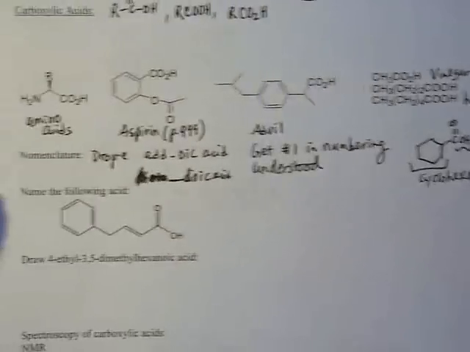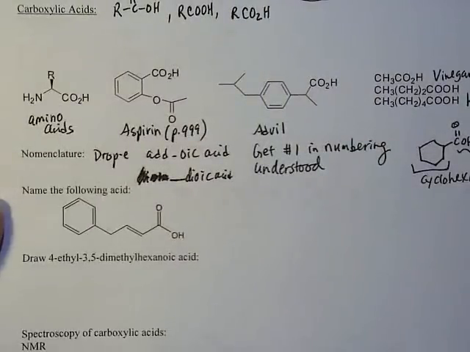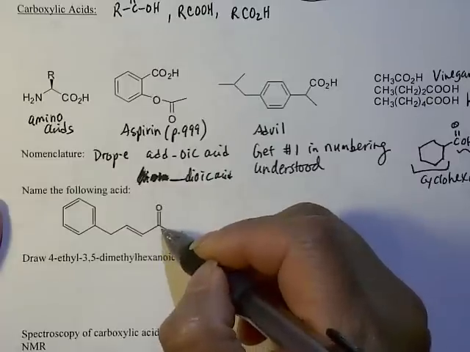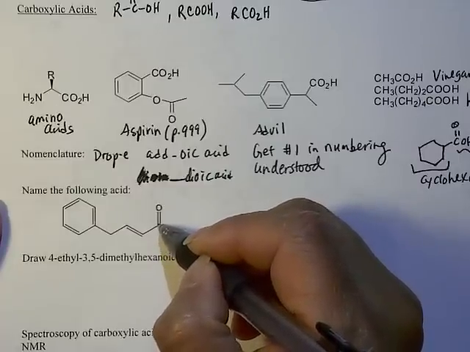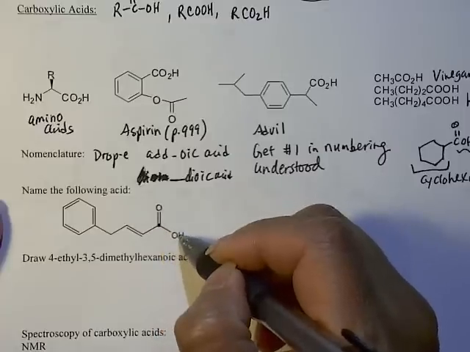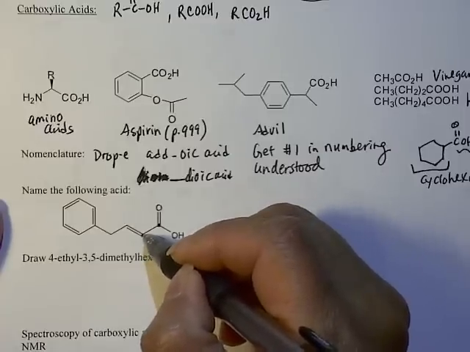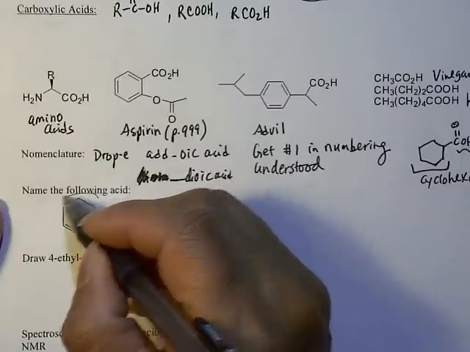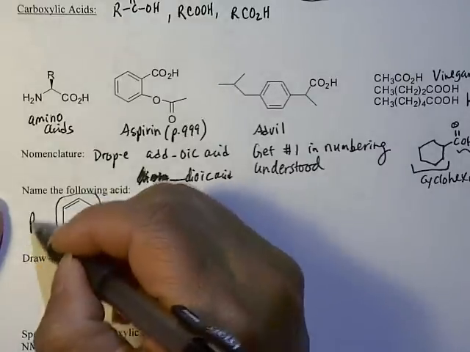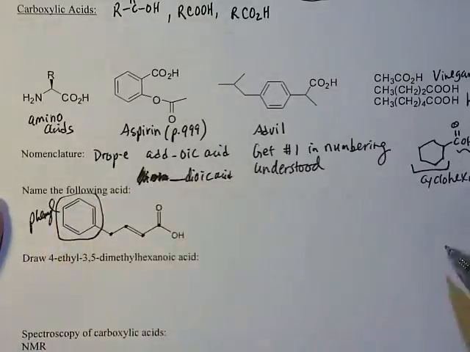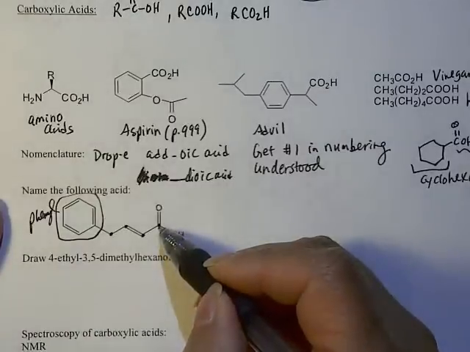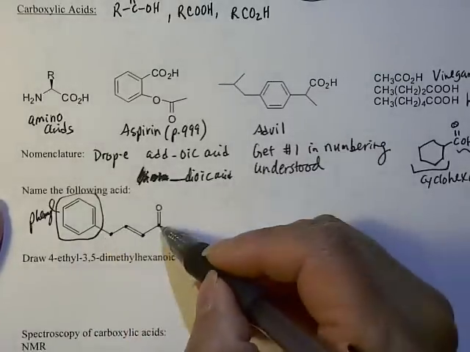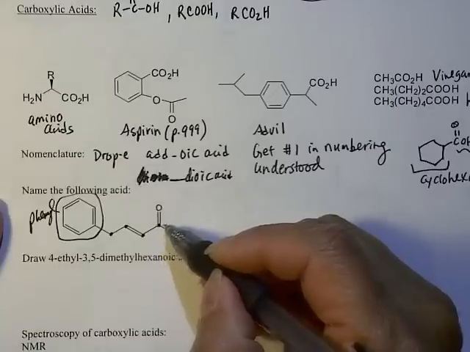All right. So just to do an example, here's a carboxylic acid, and when you count up the carbons, make sure the carbon of the carboxylic acid is part of the number of carbons that you count. The phenyl group is going to be a substituent. So the longest chain is 1, 2, 3, 4. You always include the carboxylic acid carbon.